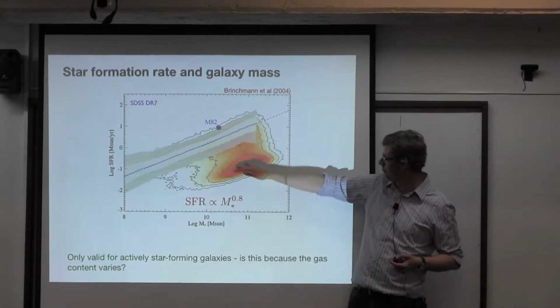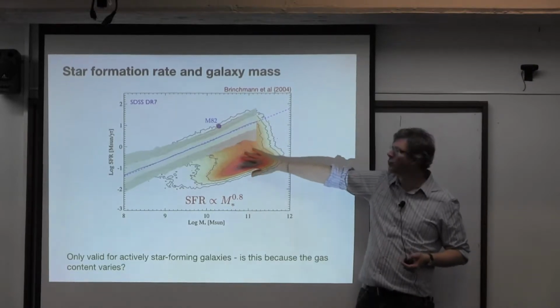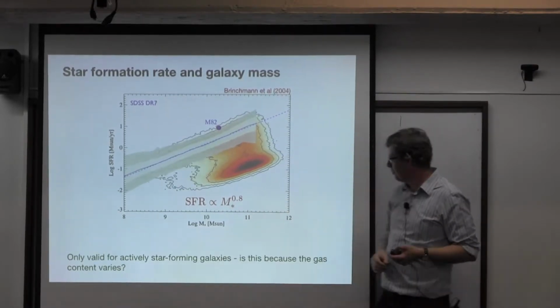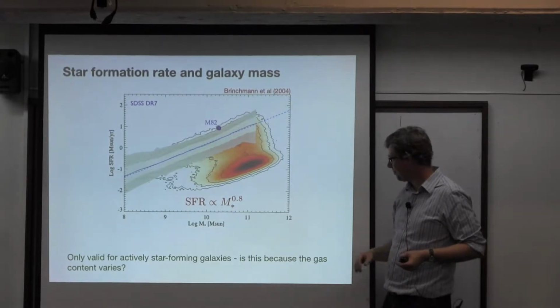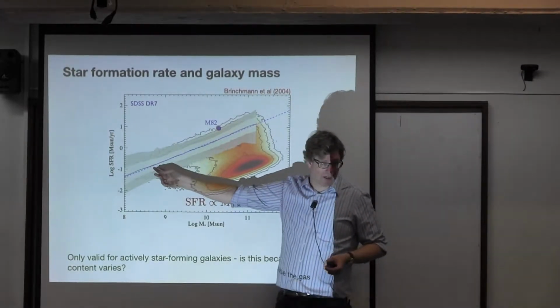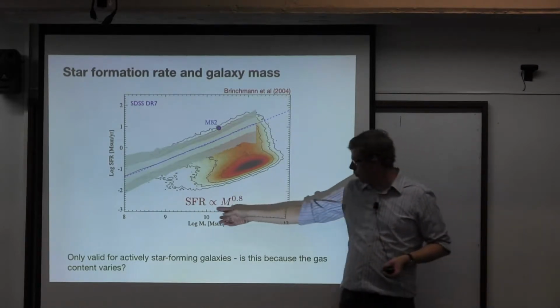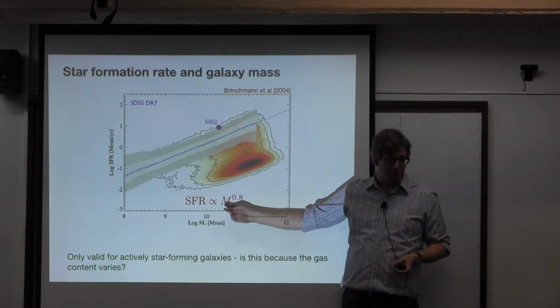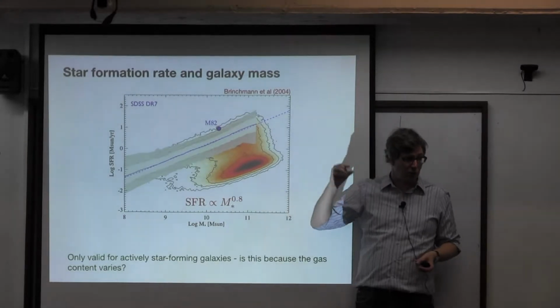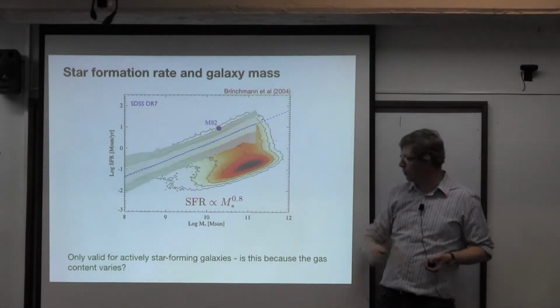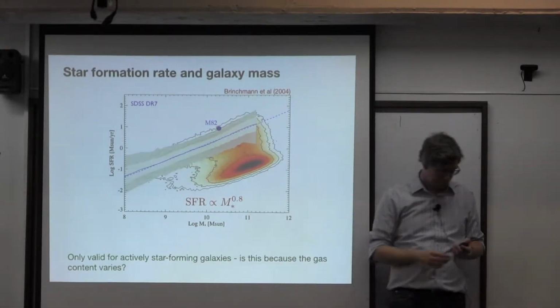They're somewhere below here. So I'm ignoring them. Makes my life much easier. But this relationship is quite tight. There's very little scatter in this. And it's a power law. Star formation rate goes as this amount of stars to some power, which is typically a bit below 1.